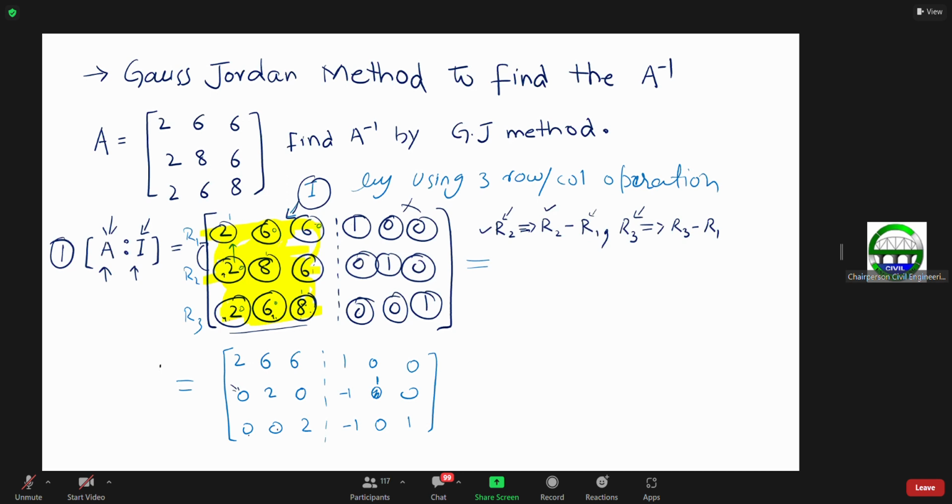The second operation is that you can multiply a given row or column by a non-zero element and add or subtract it from a given column or row. So you cannot multiply a row and subtract it from a column. If you apply a row operation, then it should be in a row. Either you apply rows or you apply columns.